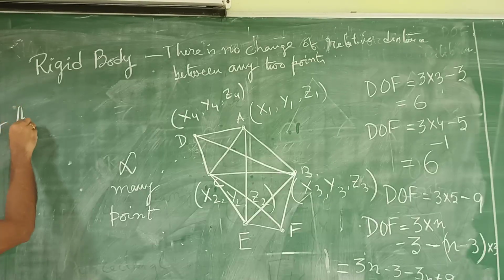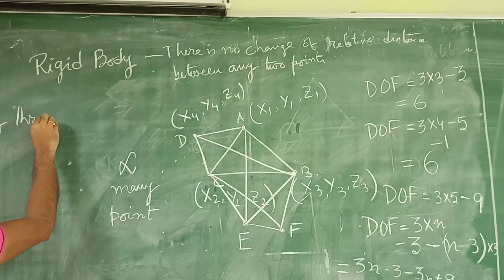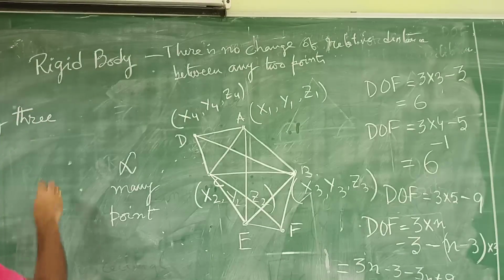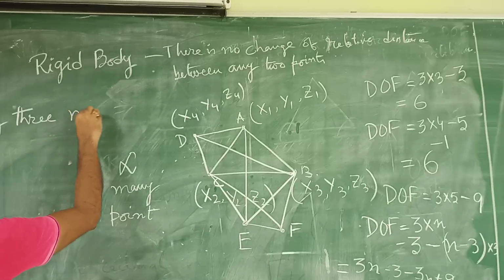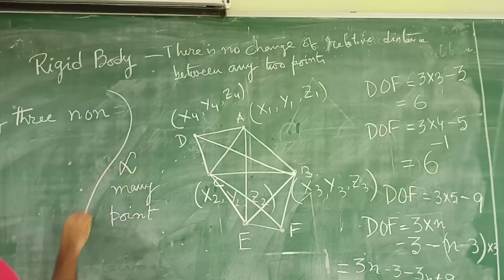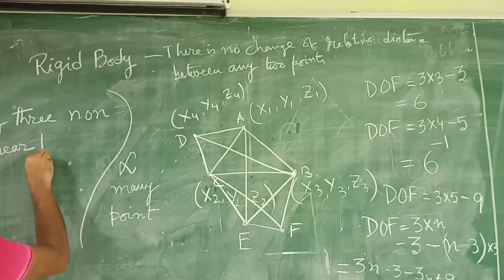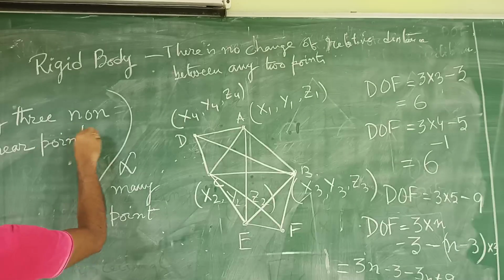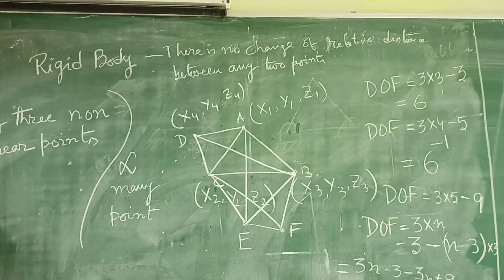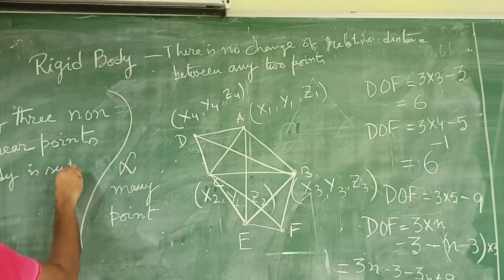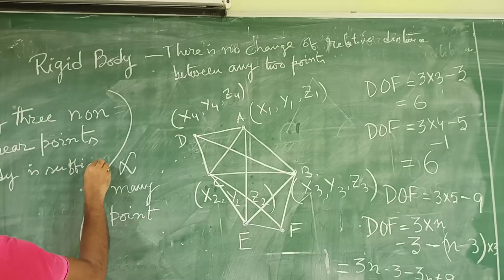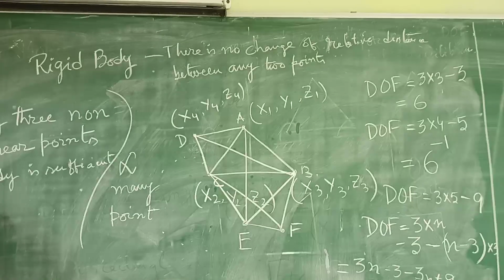Any three non-collinear points in the body is sufficient to represent a rigid body.